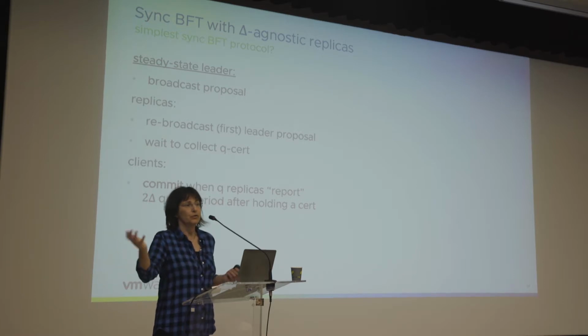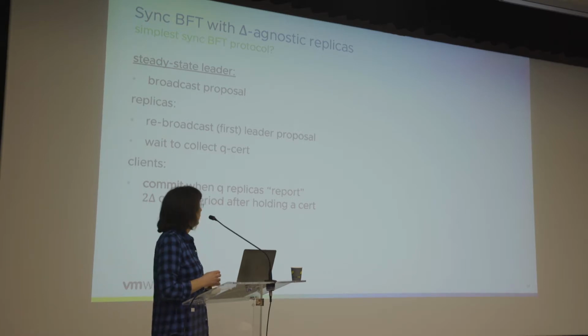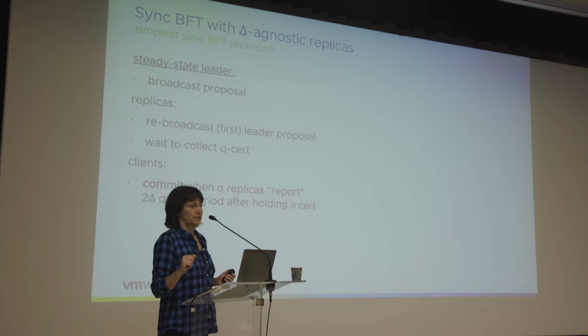And this is called a Q cert, a certificate on the proposal. And as soon as anybody collects a Q cert, the clients observing the system, getting any information from this system, any broadcast from the system, not the replicas themselves, wait for delta to consider the decision committed.